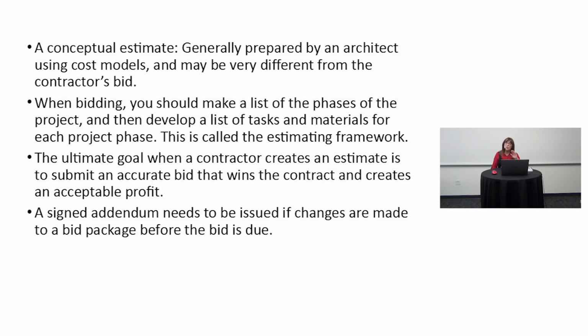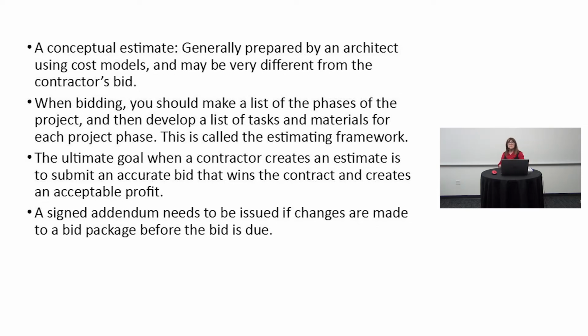A conceptual estimate. Now they're going to throw one other type of estimate in here. It's called a conceptual estimate. Now this is generally prepared by an architect using cost models. Say he's going to present an idea for a 15-story building to a client, and he needs some kind of a budget figure.